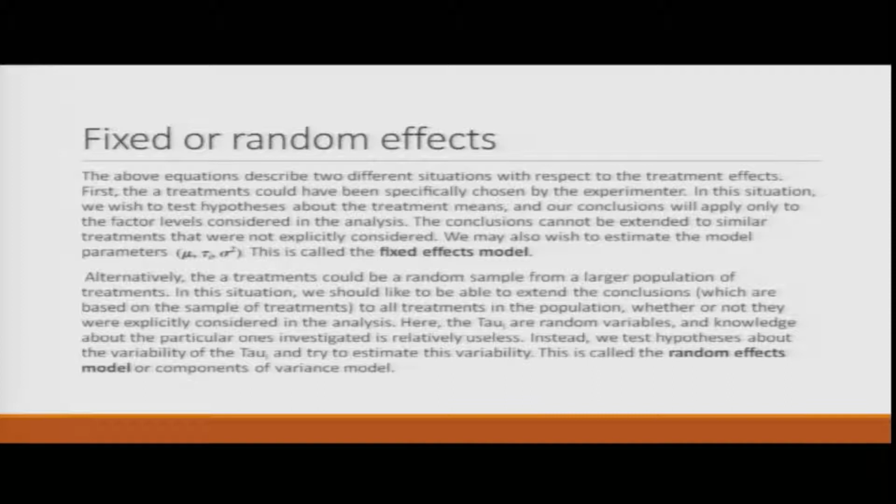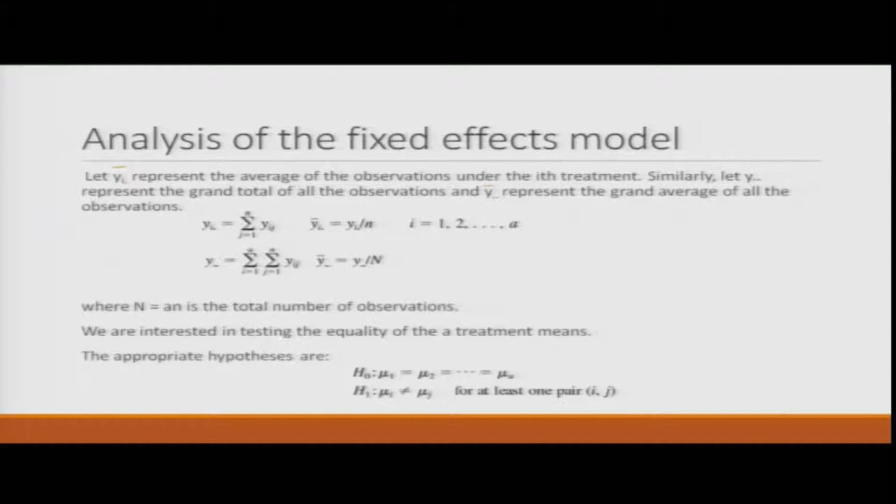Hence, here the tau i's are random variables, and knowledge about the particular ones investigated is relatively not of that importance for us. Instead, we test the hypothesis about the variability of tau and what effects it has, and we try to estimate this variability. This is called the random effects model or components of variance model, which we will consider later on.